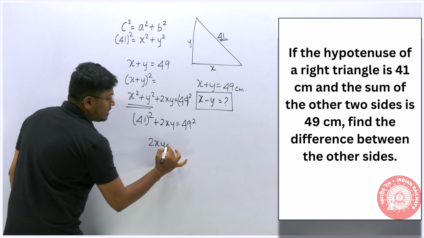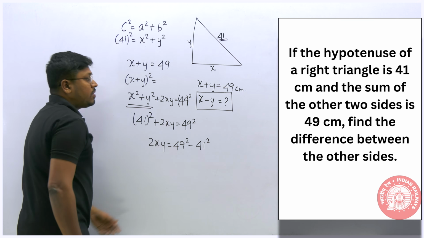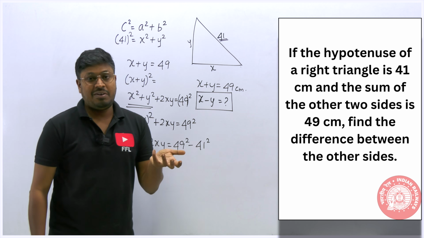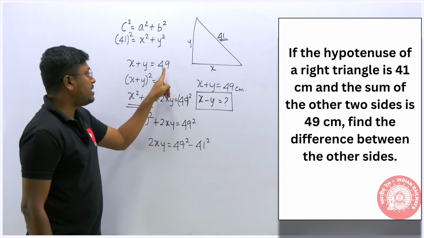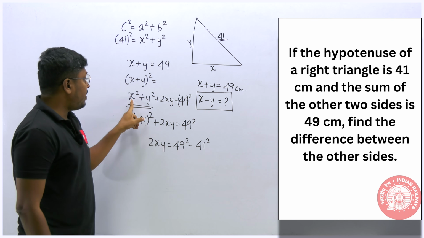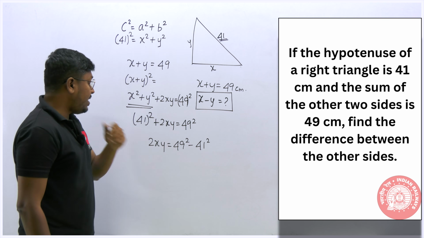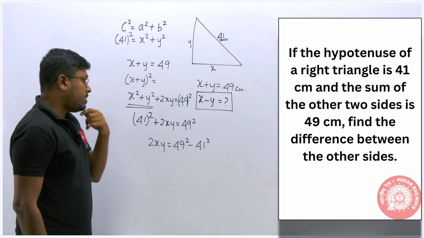So 2xy is equal to 49 square minus 41 square, because I know x plus y. So I have written finding a plus b the whole square: a square plus b square plus 2ab, which is equal to 49 square. So now instead of x square plus y square, I can substitute 41 square here. So we can find xy here, right? So 49 square minus 41 square.